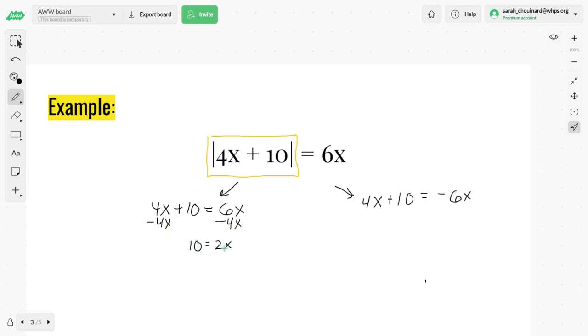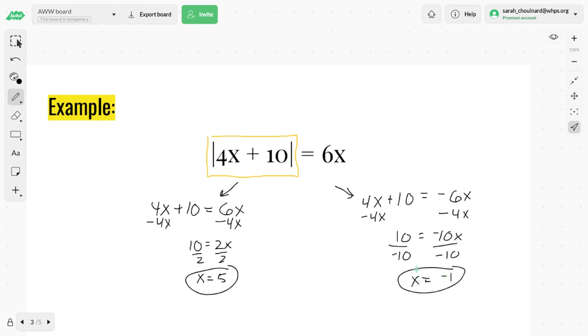So this first equation is giving me x equals 5 as my answer. And the second equation, when I solve it for x, is giving me -1 as my answer. But with these types of equations, we need to check both of our solutions to make sure neither is an imposter or an extraneous solution.